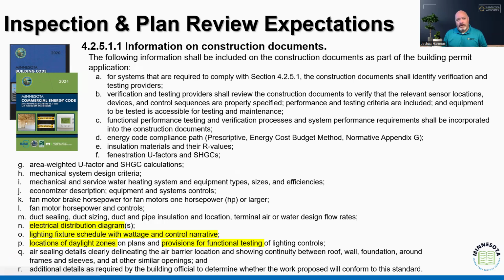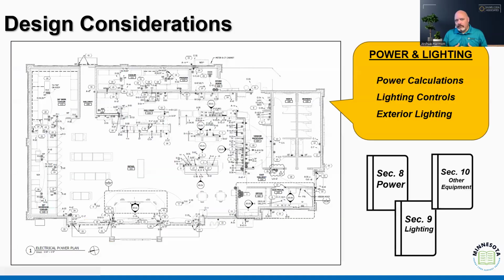Once in a while, we have to remind designers, hey, I need these. This is required information to be provided. Sometimes, for whatever reason, it's not incorporated. So we need to always remind ourselves that we have the authority, the responsibility really, to have these details up front so we can do a fair evaluation for code compliance.